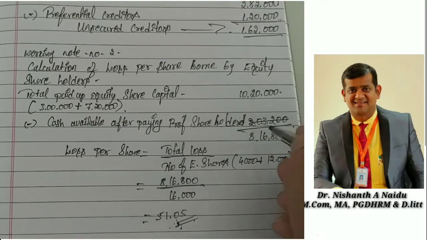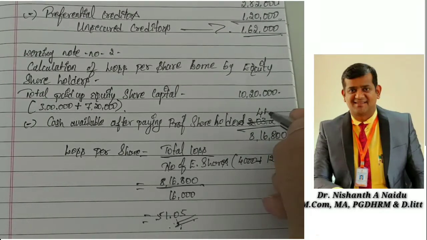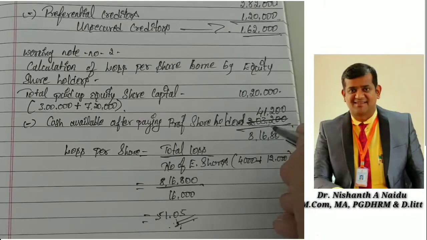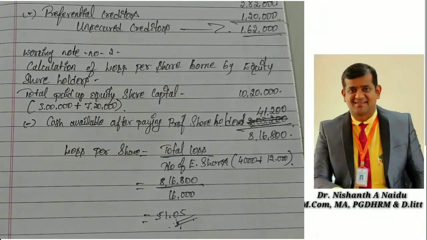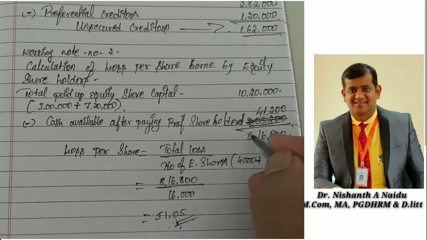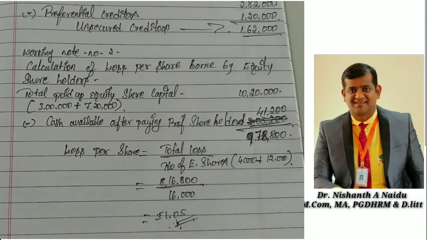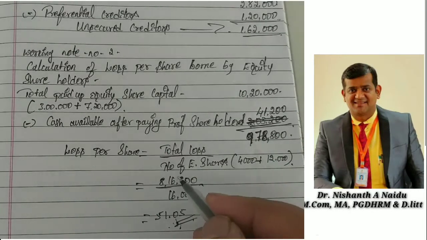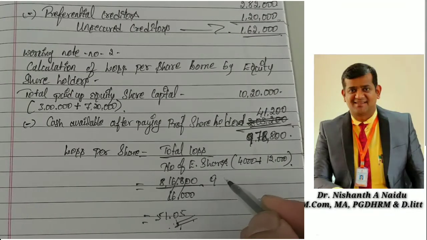Instead of 2,41,200 rupees, it is not 2,03,200, it is 41,200. Now deduct: 10,20,000 minus 41,200 comes to 9,78,800 rupees.